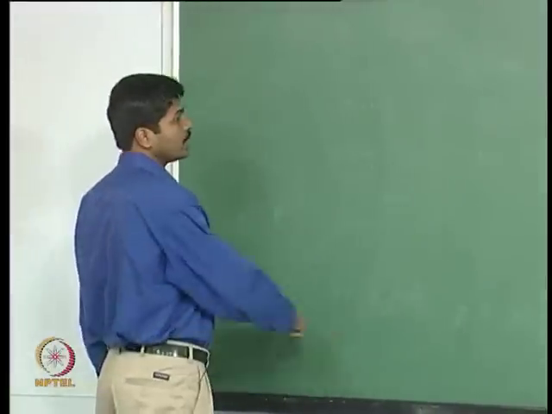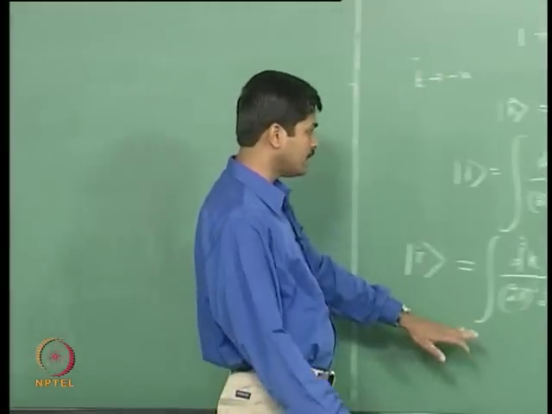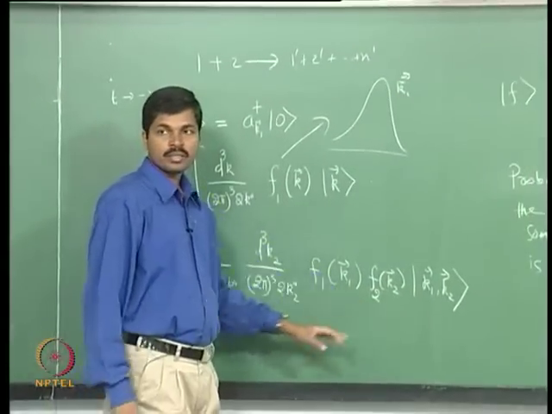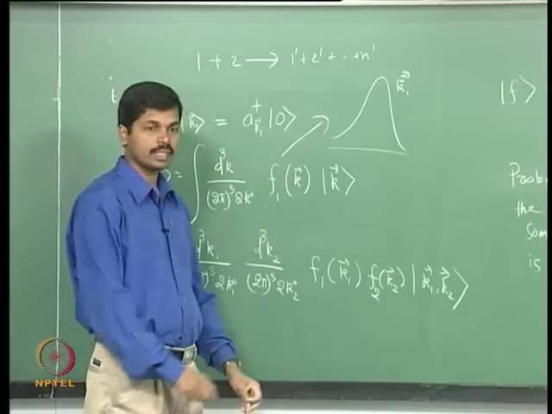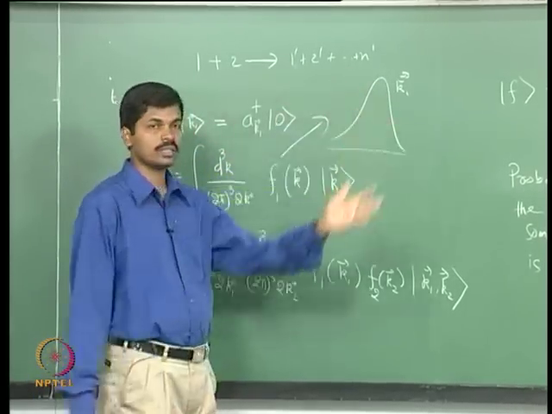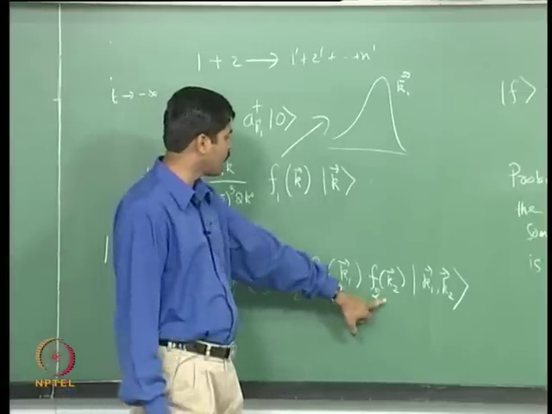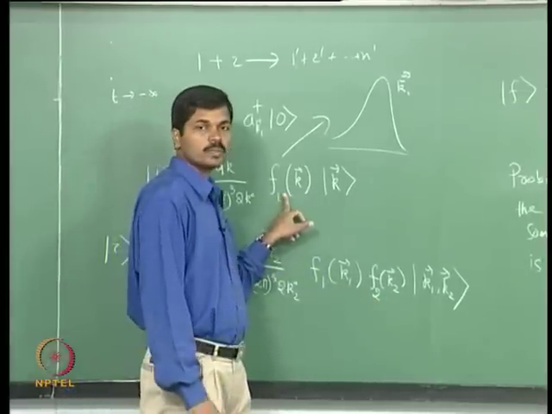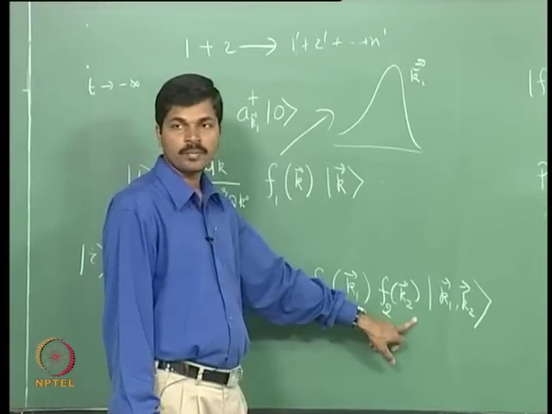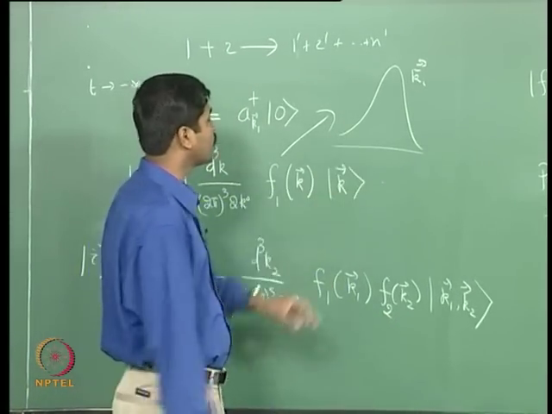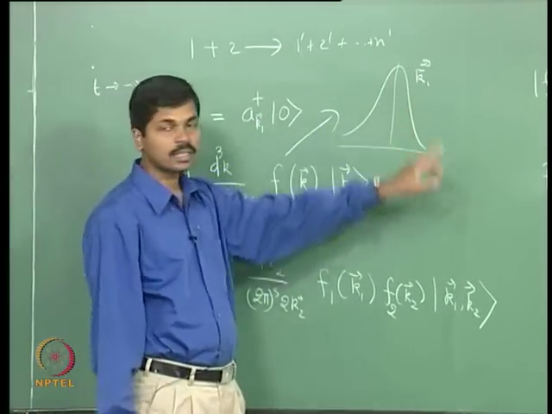We will just assume the initial state to be two different wave packets coming close to each other and then interacting, and then there is some outgoing set of particles. That is all we are assuming. We will also not assume any particular form for these functions f1(k) and f2(k), except that there is some momentum distribution which has a peak around a certain value.